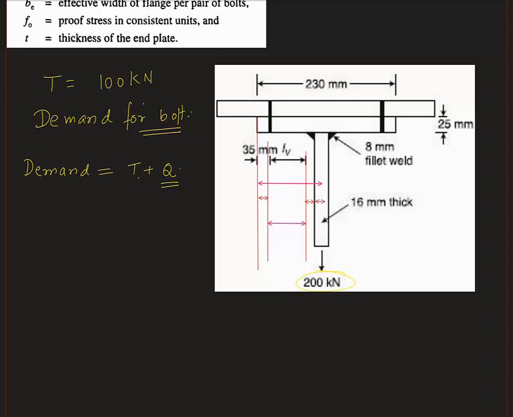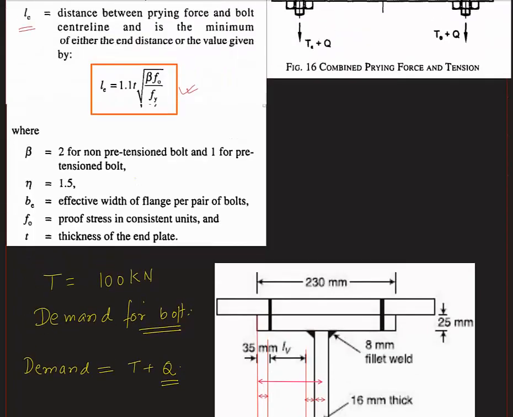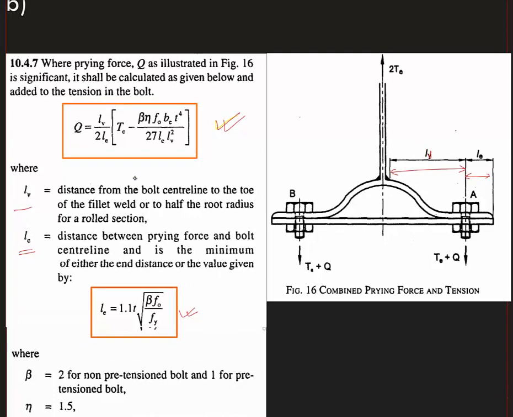We already know T. So to calculate Q, we have to find different geometrical parameters. Now if I use this formula that is given in the code, and this formula we also discussed in the previous video, to calculate the Q force.